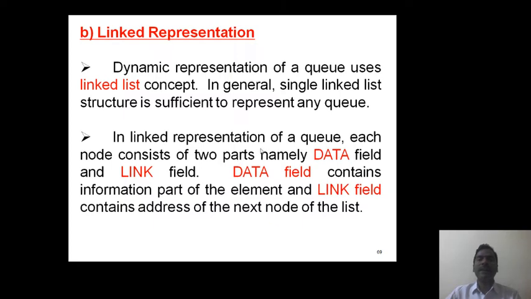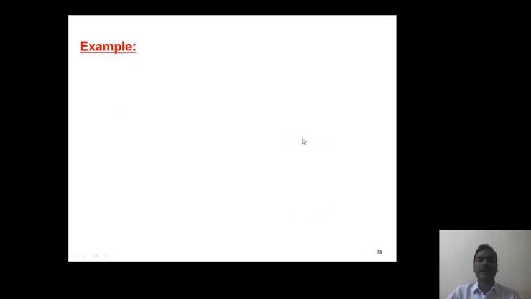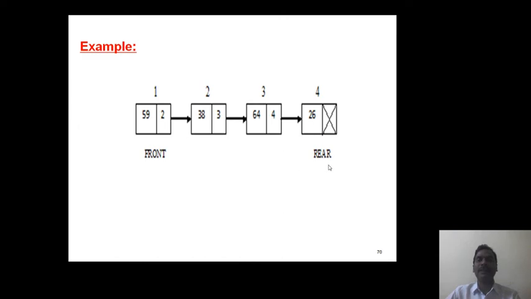In single linked list format, each node is divided into two parts: data part and link part. The data part stores the information part of the element and the link part stores the address of the next element. Now it shows the diagrammatic representation of linked representation of a queue.